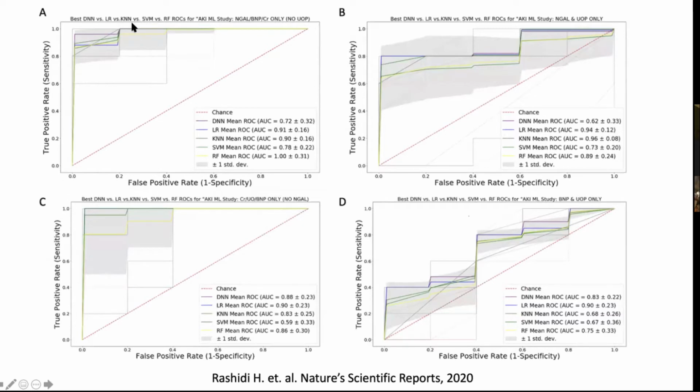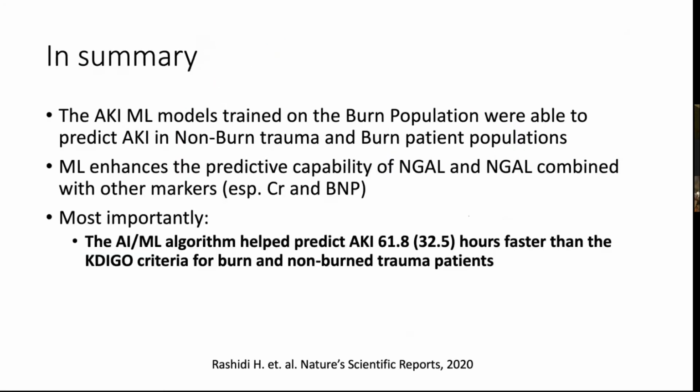Long story short, you notice that with NGAL and the other biomarkers combined, and this one, in the top left, had no urine output, you have a much better performance, and now you're in the 90s. So in summary, the acute kidney injury model trained on the burn population was able to predict acute kidney injury in non-burn trauma and burn populations with much enhanced performance than previously seen.